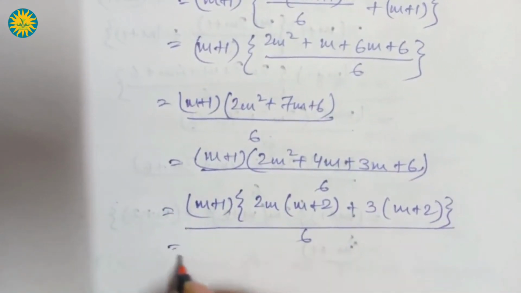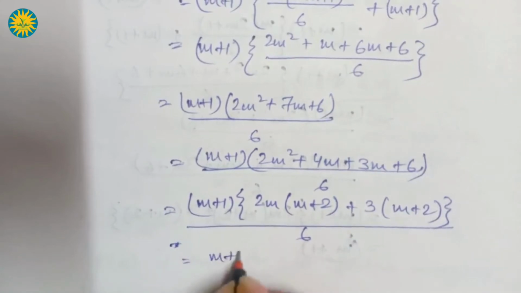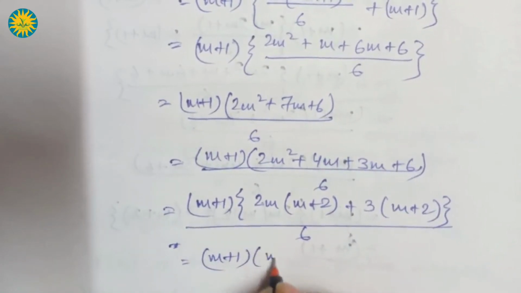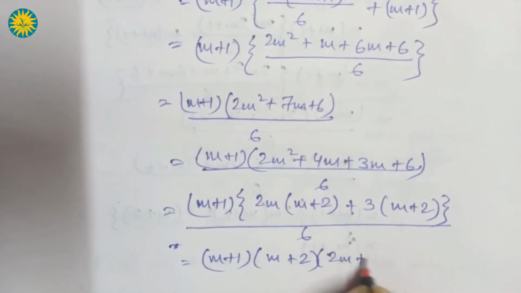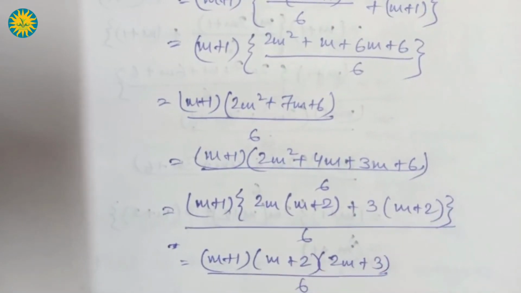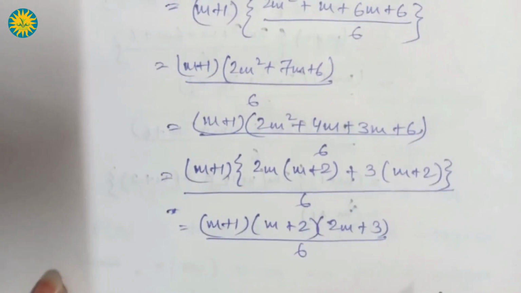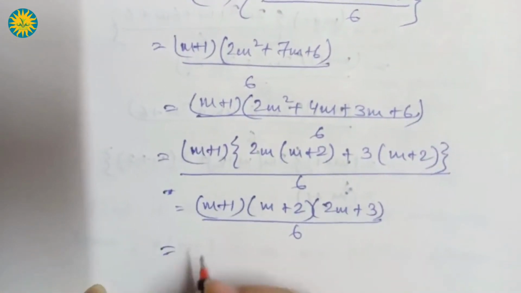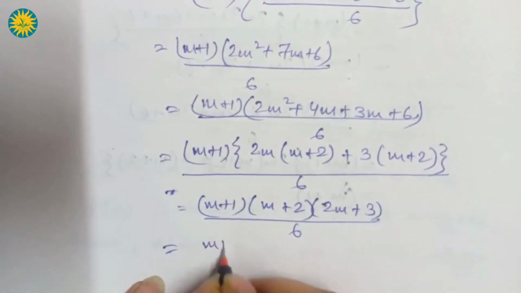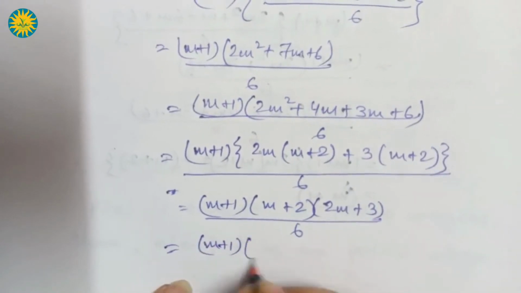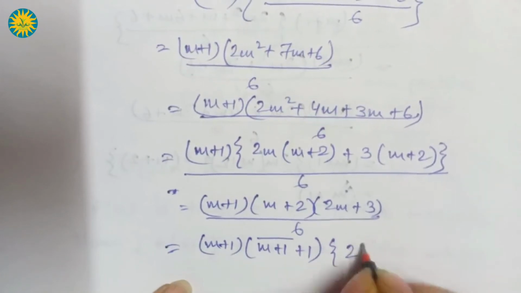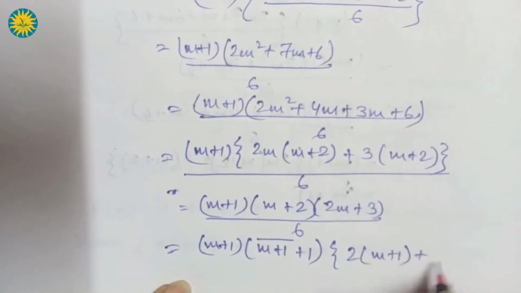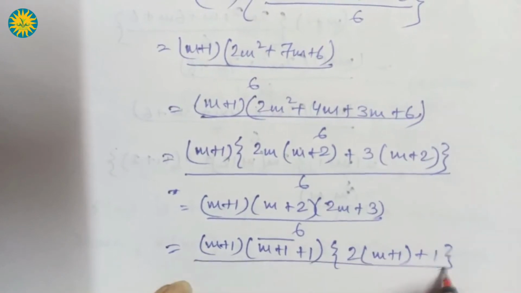So from here we can write m plus 1 into m plus 2 into 2m plus 3 by 6, and this can be written as m plus 1 into m plus 1 plus 1 and 2 into m plus 1 plus 1 by 6.